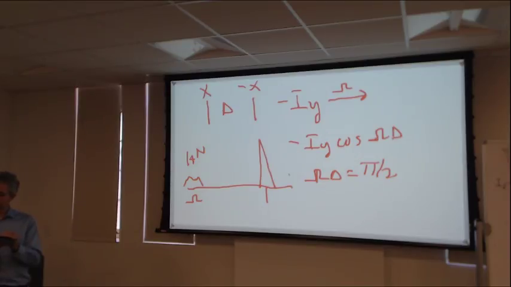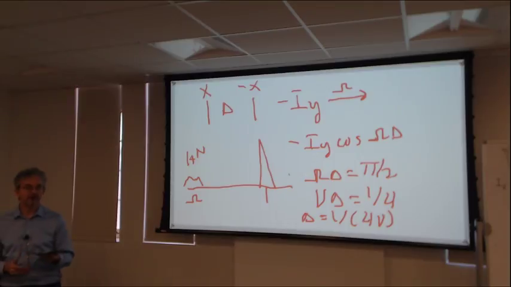Or if I divide both sides by 2 pi, I can get the frequency units: nu delta equals 1/4, or delta equals 1 over 4 nu. So I measure the frequency difference between water and my amide hydrogens, calculate delta, and then I have a simple water suppression scheme.